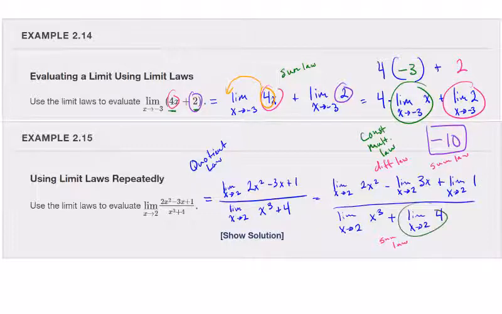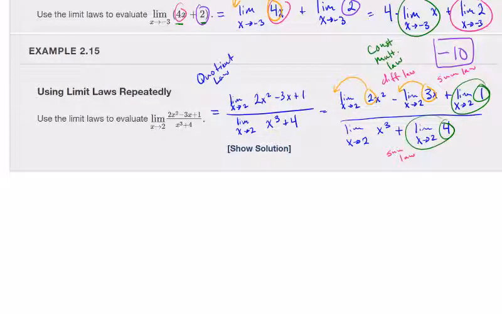This one and this one, we're down to a point where we know how to do those using our basic laws, right? I know this is going to just be 4 and this is going to just be 1. Okay, this one we can use our constant, right, and bring that to the front. And actually we can do that with this one too, right? So we can use the constant laws there.